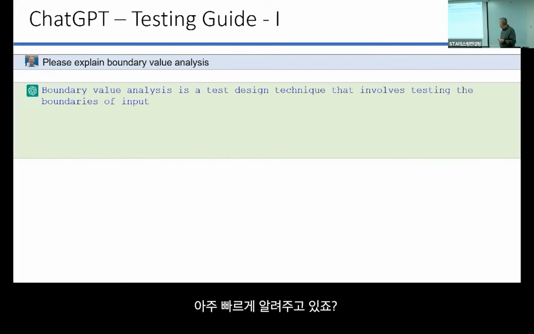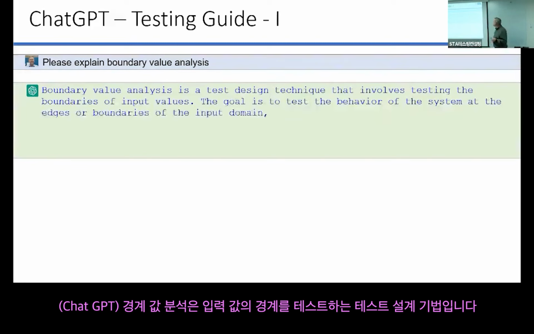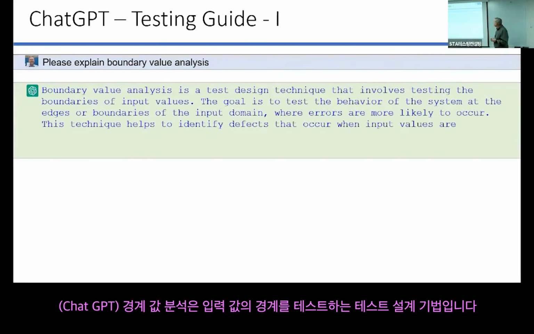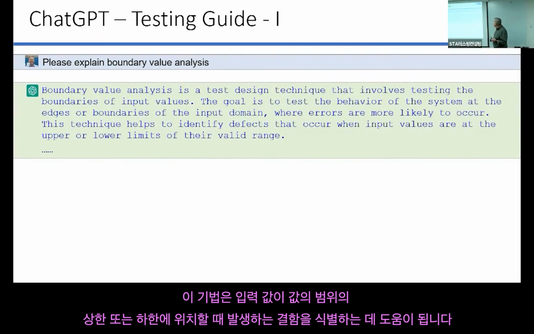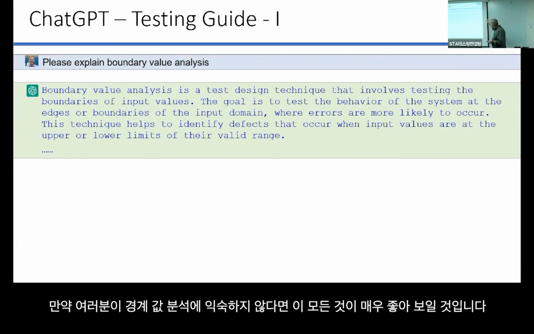And really quickly, it says it's a test design technique that involves testing the boundaries of input values. The goal is to test the behavior of the system at the edges or boundaries of the input domain, where errors are more likely to occur. This technique helps to identify defects that occur when input values are at the upper or lower limits of their valid range. Now, this all sounds really good.